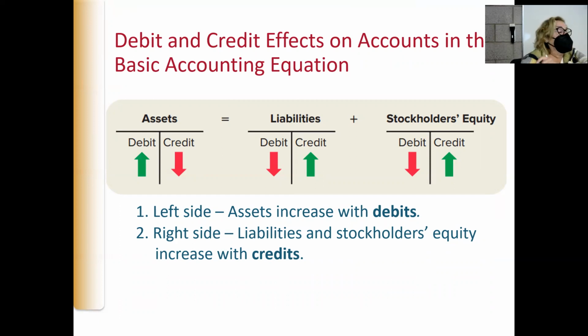And think about it, they're on the right side of the accounting equation. Therefore, you're going to increase with a credit. And the opposite is true. For assets, when you decrease them, you credit them. And for liabilities and stockholders' equity, when you decrease them, you debit them.